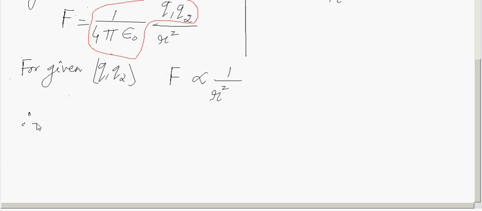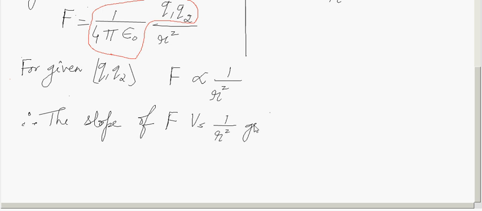Therefore the slope of the F versus 1 by r square graph depends on Q1 Q2.